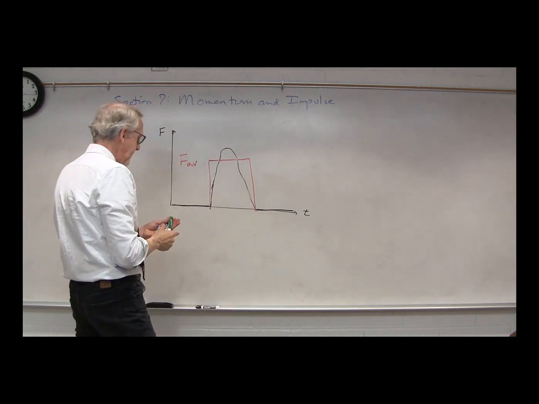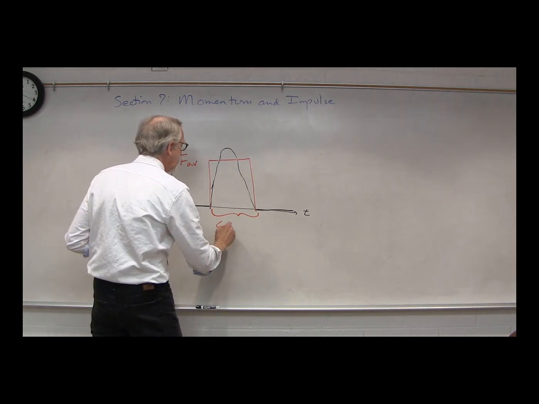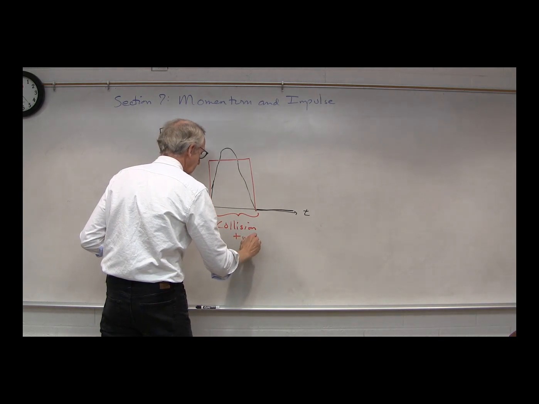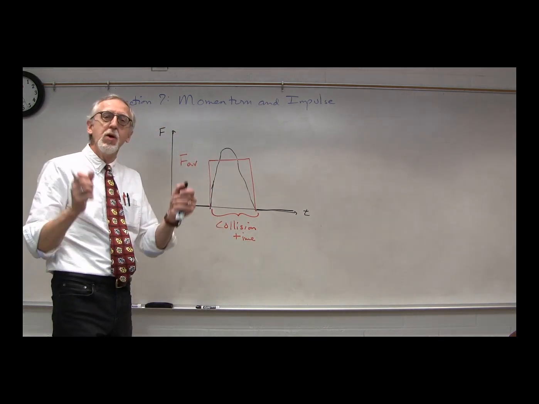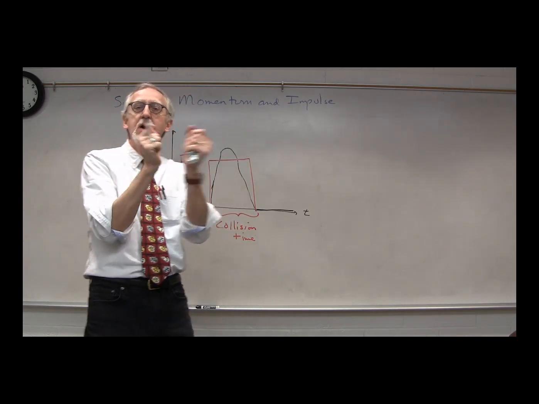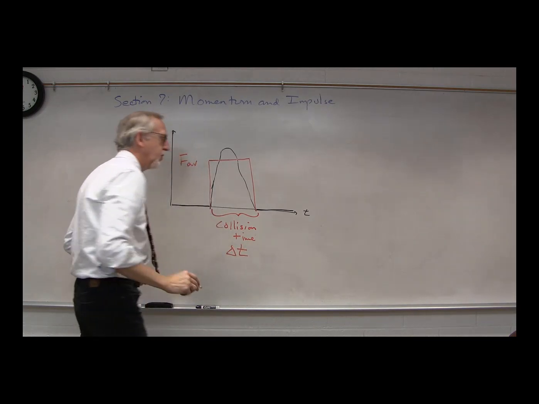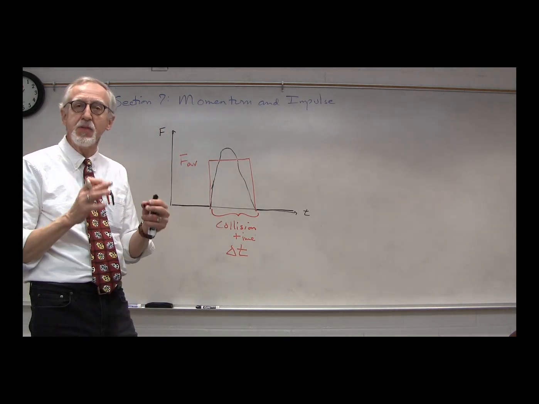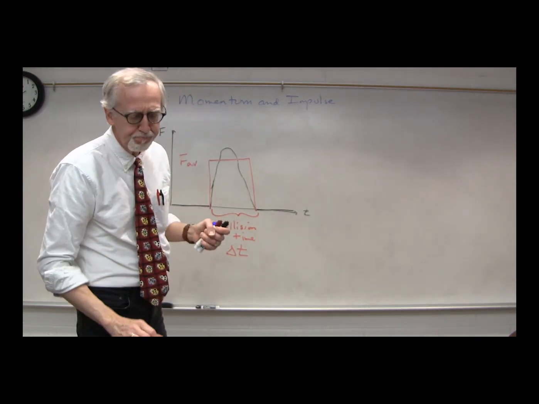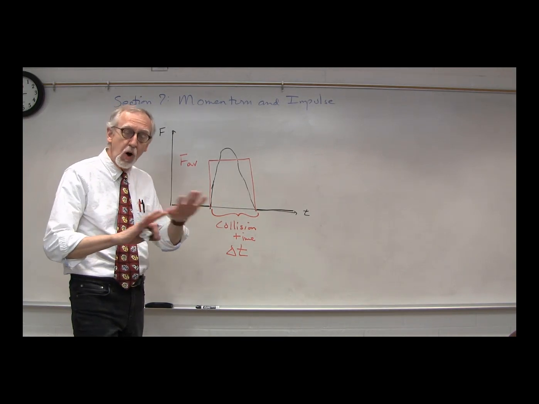Now let's imagine this time that it takes, what we might call the collision time, that's the amount of time when the two objects are actually applying forces to each other. We'll call that delta t. Now, this time can actually vary to a wide extent.